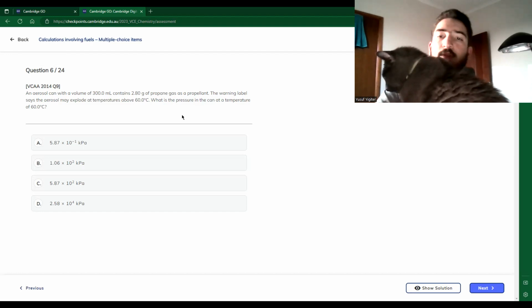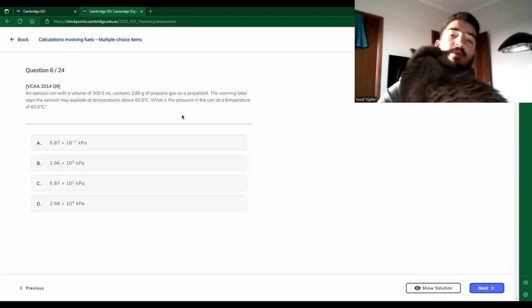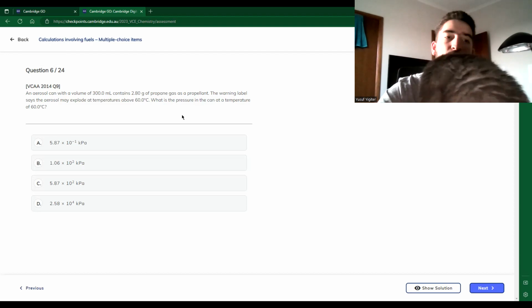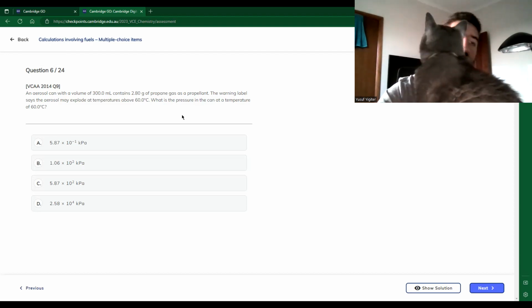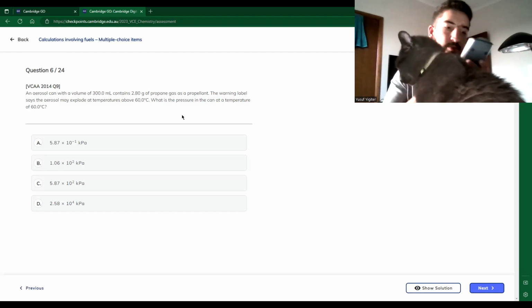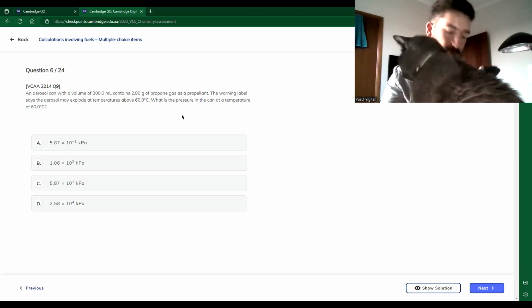PV equals nRT, the gas constant 8.31 times temperature times the amount in moles. So, 300 milliliters converted to liters, 0.3.